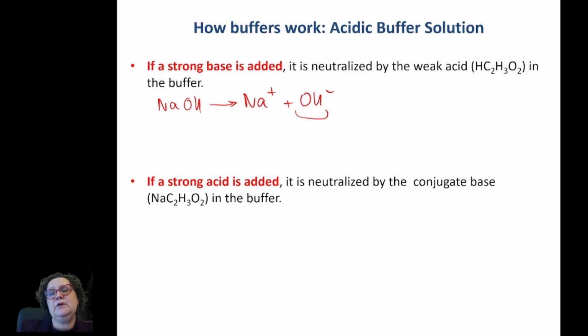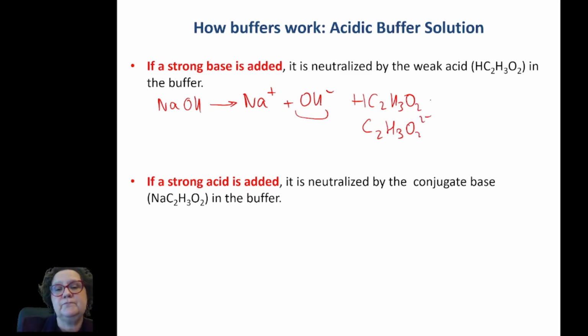But what happens if your solution is not only water? You also have acetic acid, HC2H3O2, and the anion acetate, C2H3O2 minus.